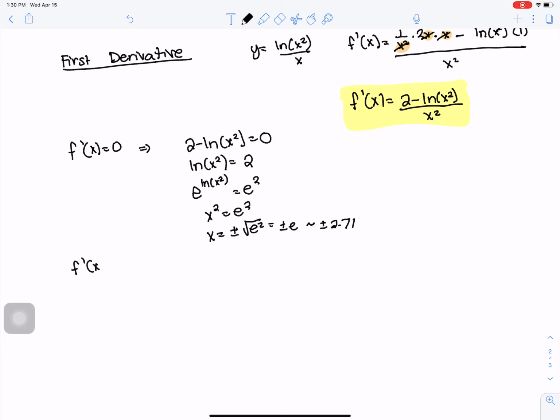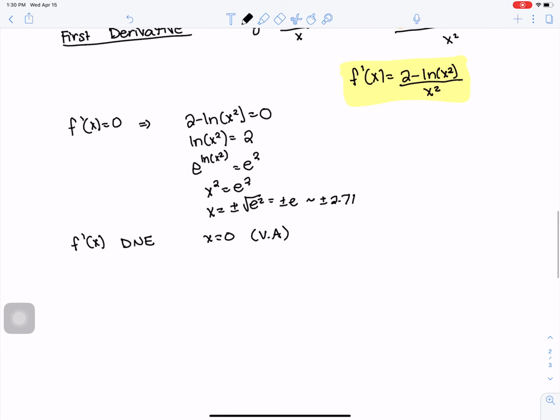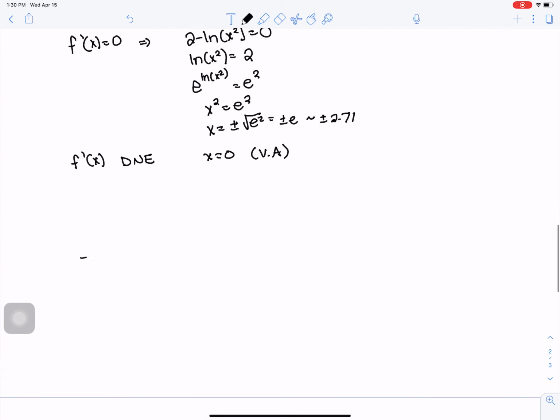f prime of x does not exist when x is equal to 0, but we want to make a note that this was a vertical asymptote so we don't accidentally classify it as local maxes and mins because it's not in the domain of my function. So let's set up a number line. x equals 0 goes on there.